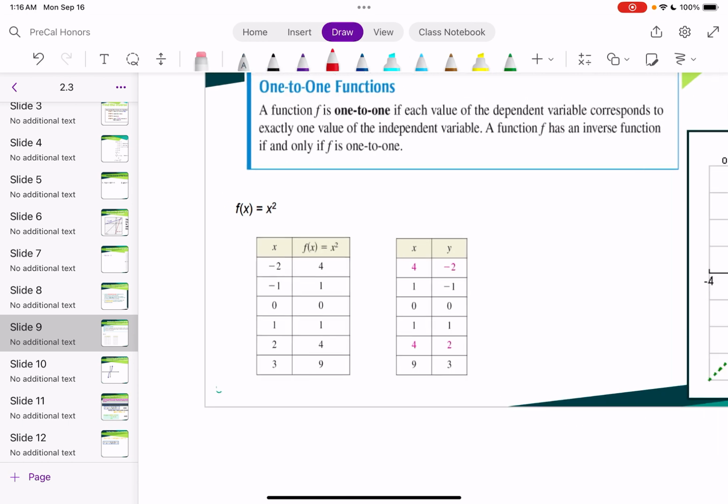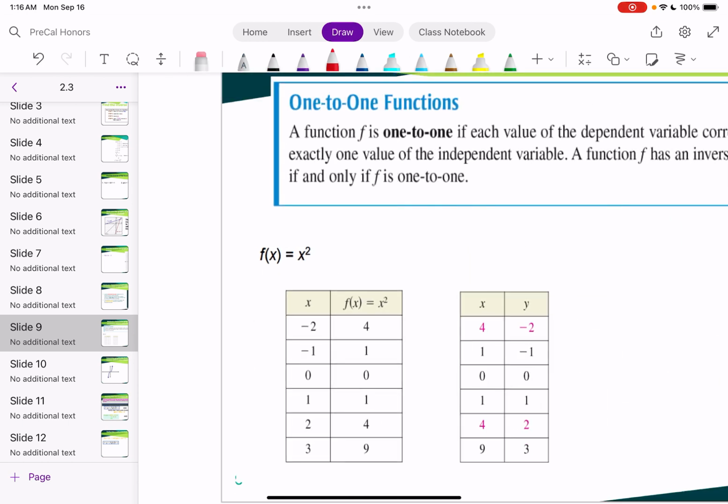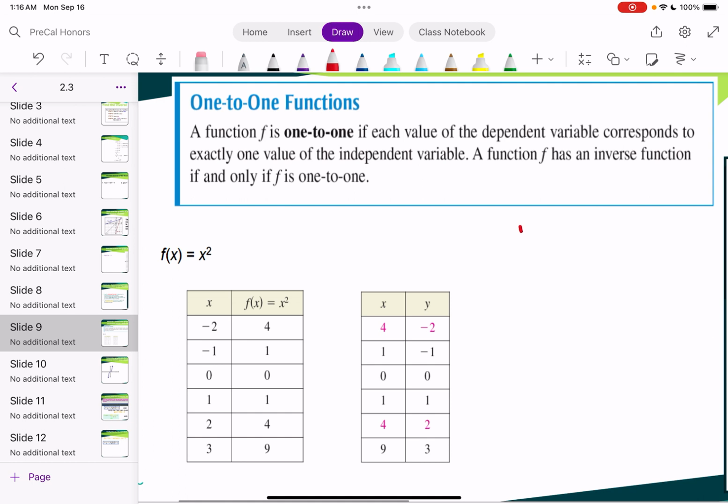Keep in mind, when we find the inverse, we are going to find the inverse. If we were to work this problem out, y is equal to x squared. X is equal to y squared, which means y is equal to the square root of x.